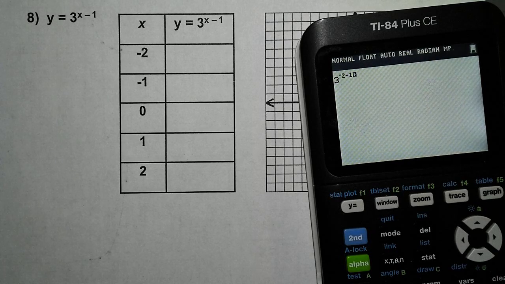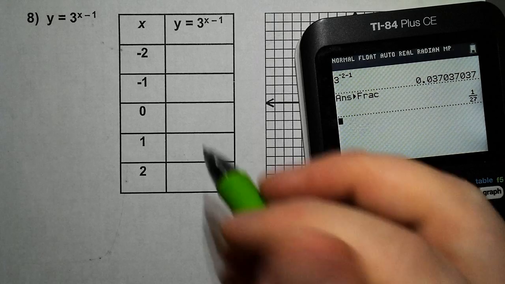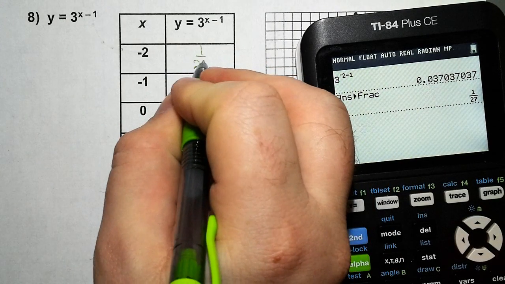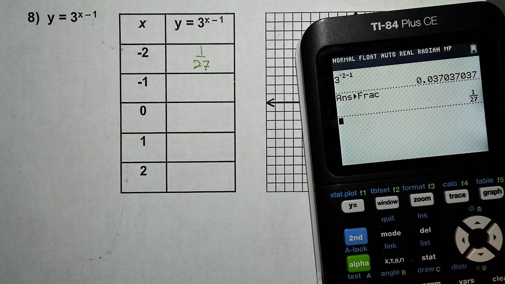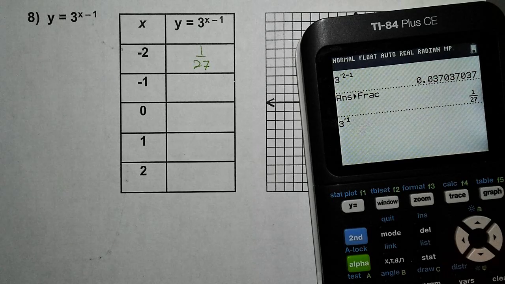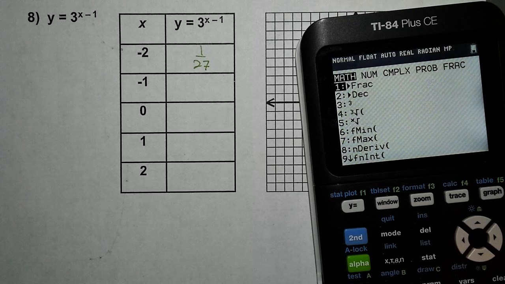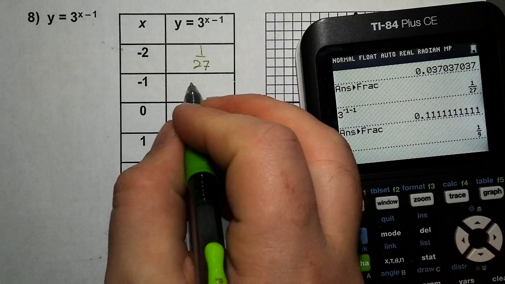So I push math, enter. We get 1 over 27. Three to the negative 1 minus 1 is 0.11111, which comes out to 1/9.